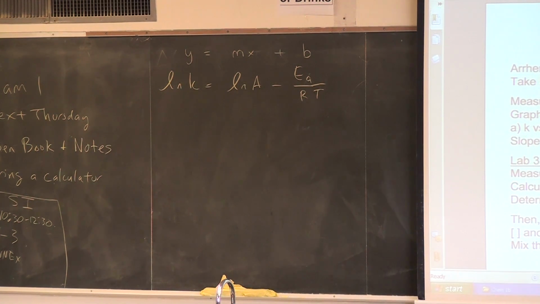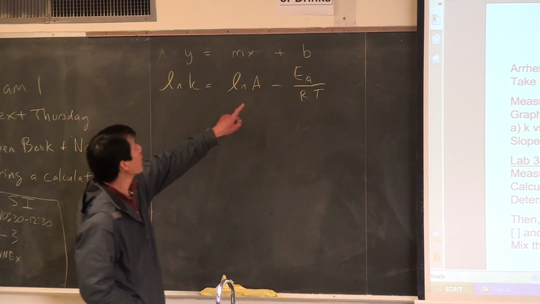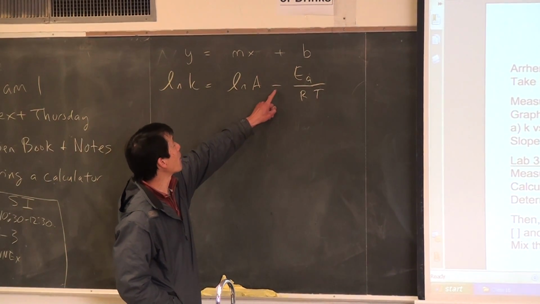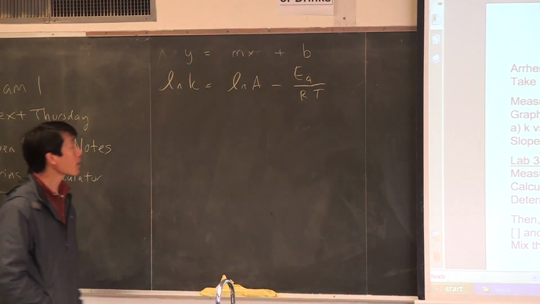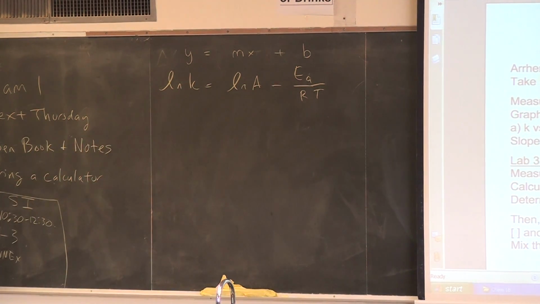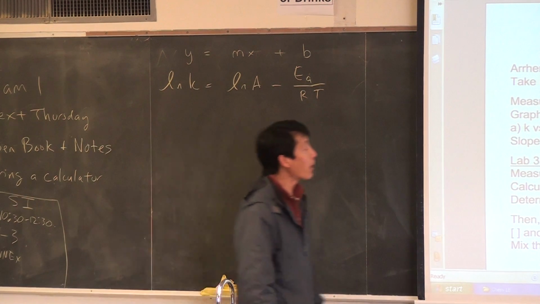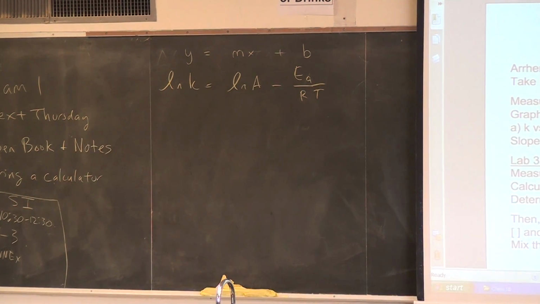Where? The ln A minus, or is it negative? Yes, ln A minus Ea over RT. Okay, because that's from here, Jose. In this equation, you have k equals A times e to the minus Ea over RT. So that's why you carry that minus sign down here, and you take the natural log of both sides.